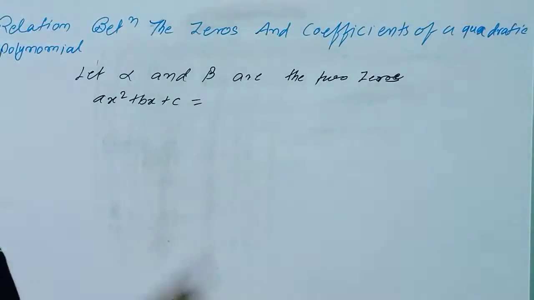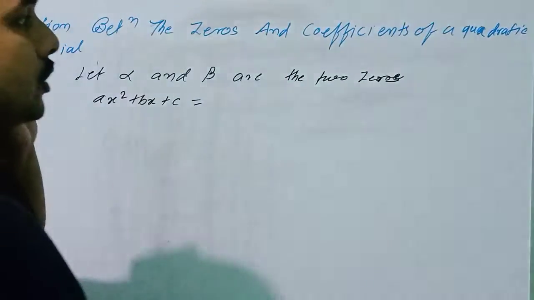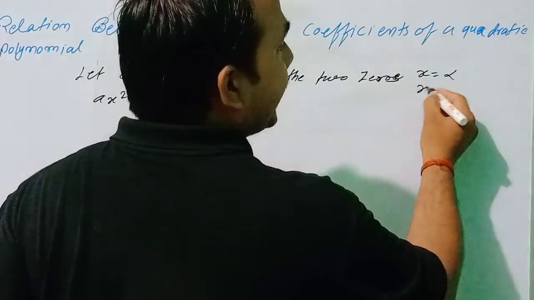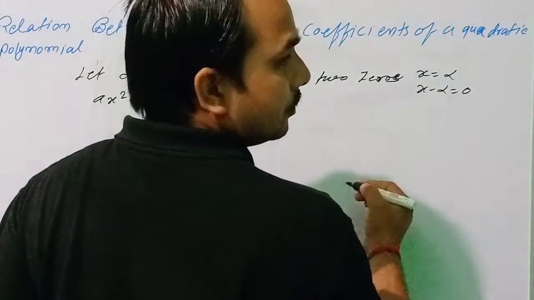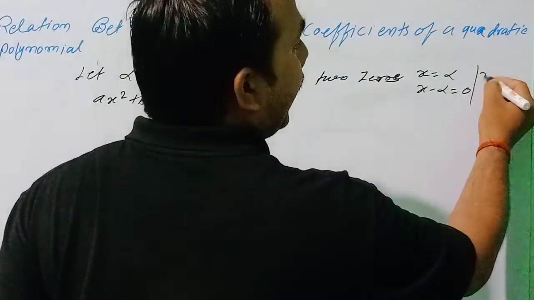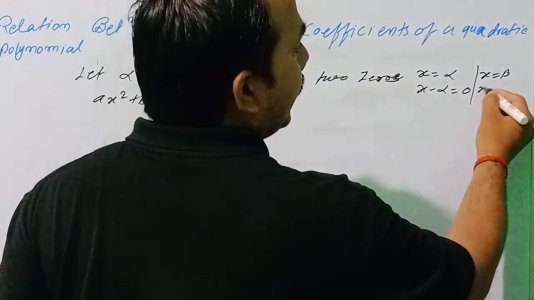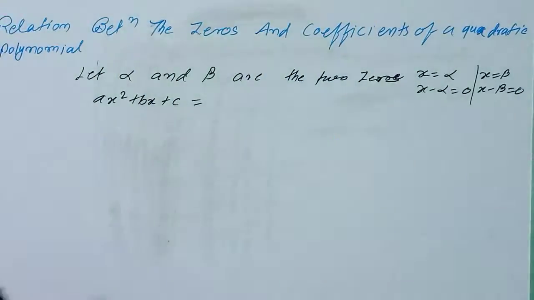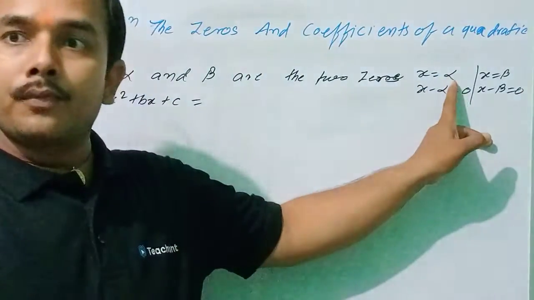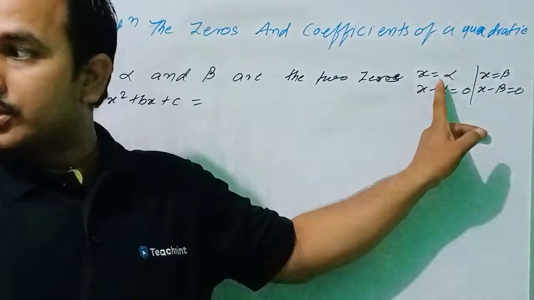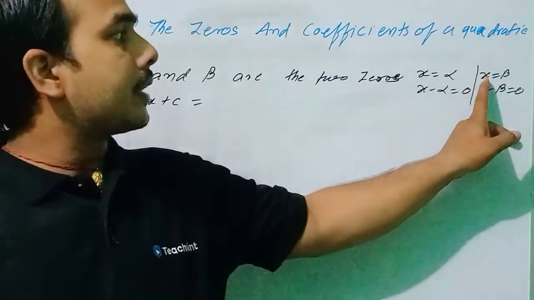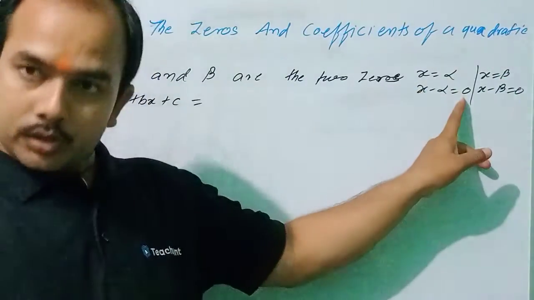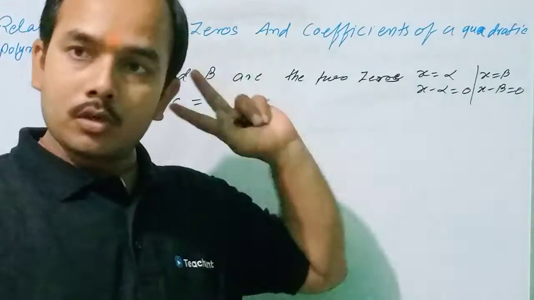Alpha and beta both are the zeros. So both are 0 means x is equal to alpha, that means x minus alpha is equal to 0. Second, x is equal to beta, then x minus beta is equal to 0. Understood? So x minus alpha is equal to 0, x minus beta is equal to 0.